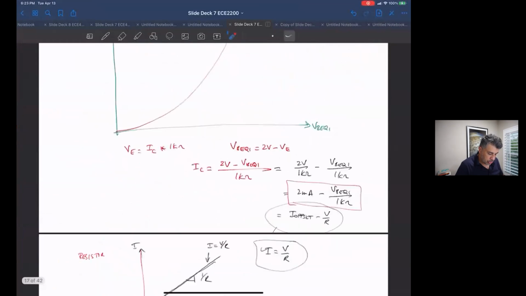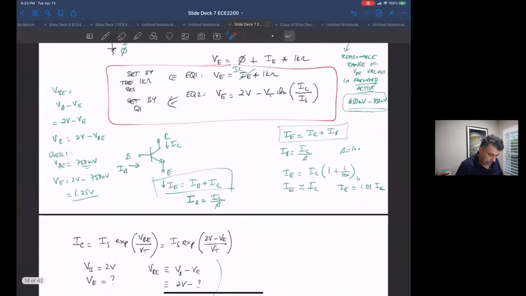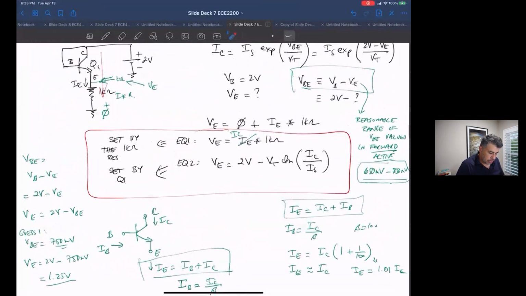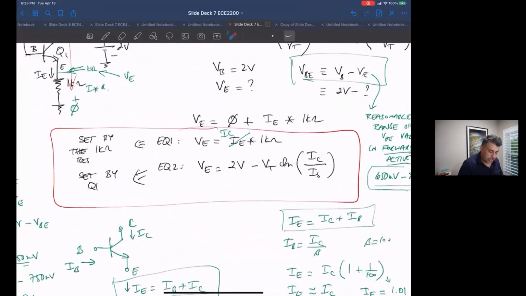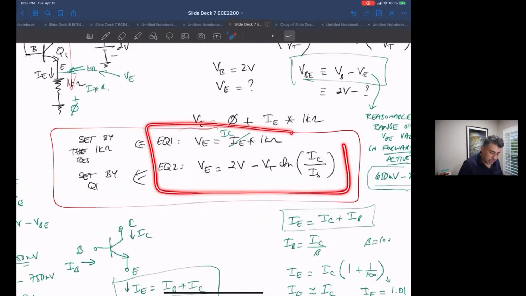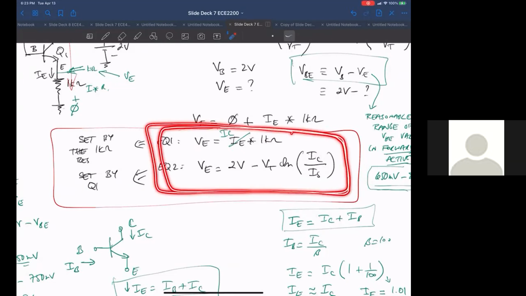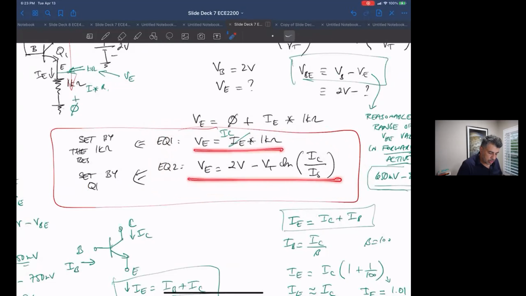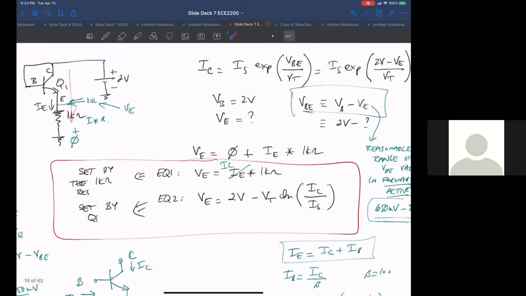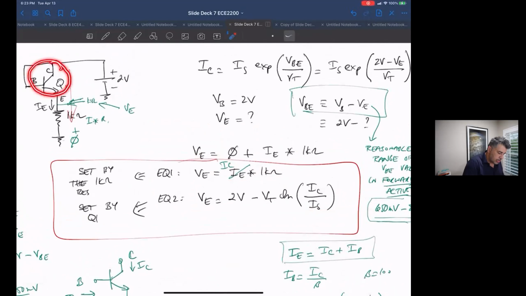So no matter what you're doing, the only thing you're doing is trying to solve these 2 equations in 2 unknowns. They came from the fact that you have a transistor and a resistor.